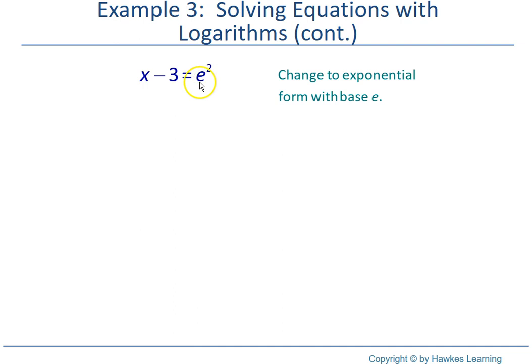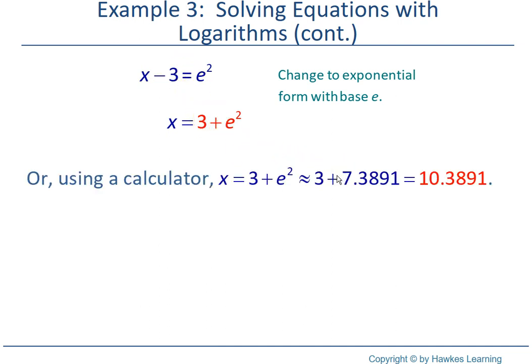And that's what they have. Base e to the second power equals this. It's on the other side. So they're going to solve for x by transposing the 3 to the other side. And e to the second is this, plus 3 gives you this for an answer.